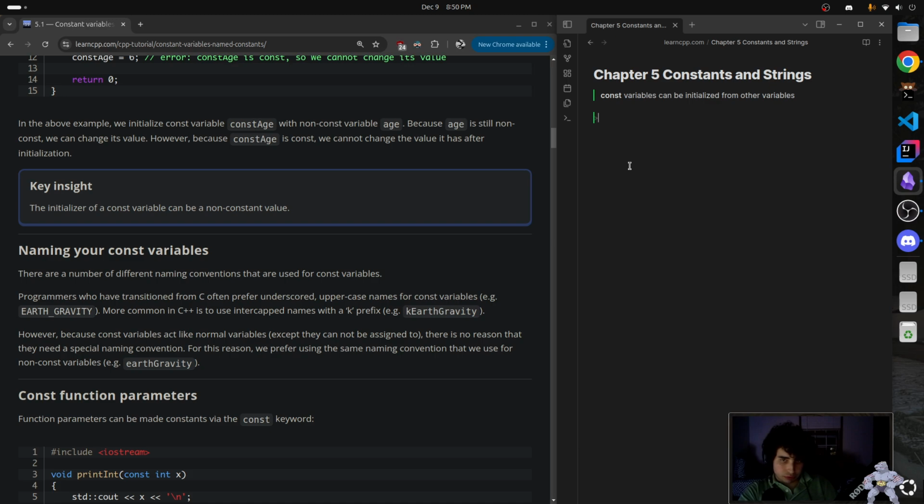Let's do a note. Intercapped names with a k prefix.